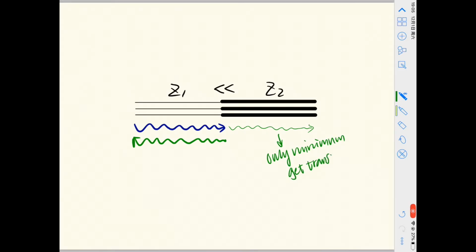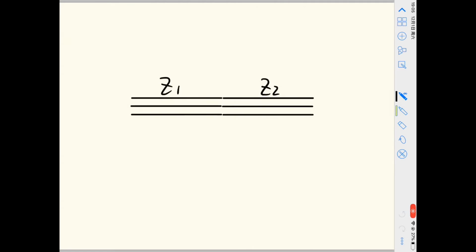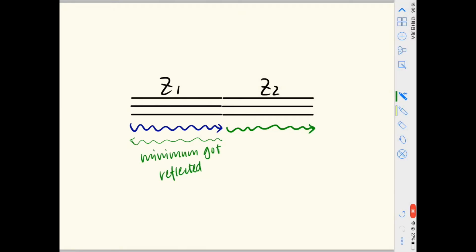On the other hand, since almost none of the signal is transmitted to the second cable, the transmission coefficient would be close to 0. Now what if the resistance of the 2 cables are equal? In this case, all of the electric signal traveling through the first cable is able to transmit through to the second. So T is equal to 1, and R is 0.